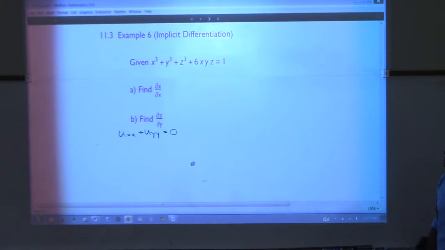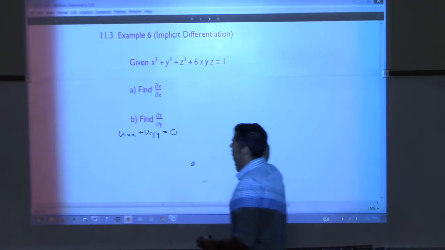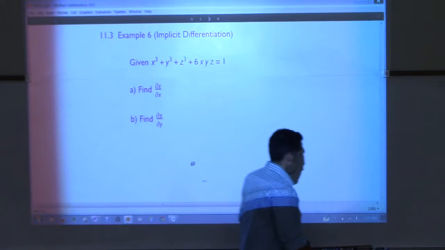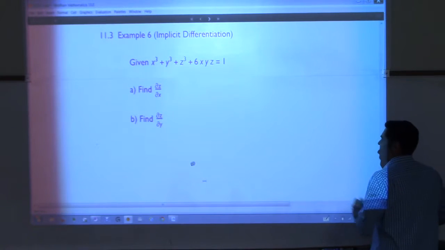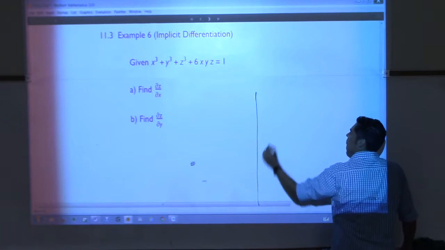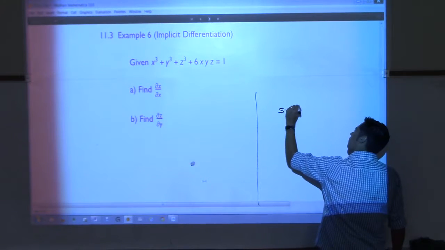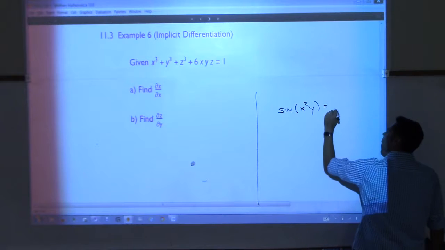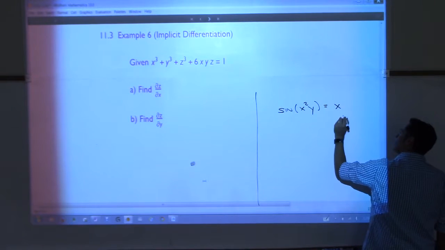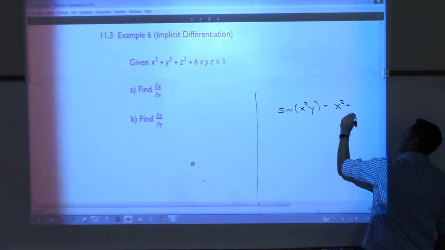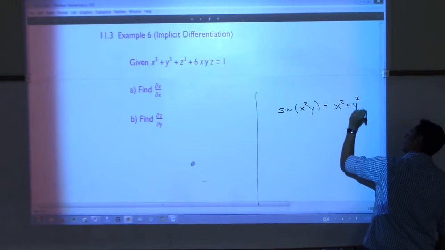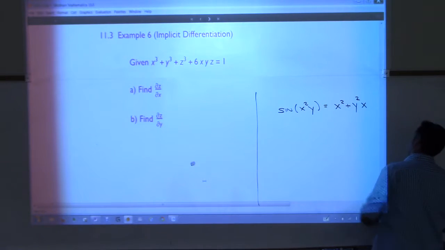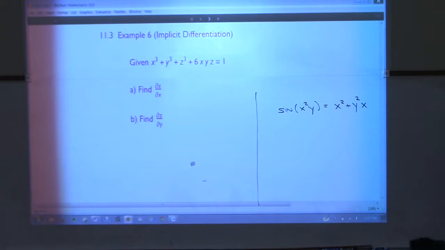All right, implicit differentiation. So I'm going to try and see if you remember this. So before we do this, okay, act like you're back in Cal 1.